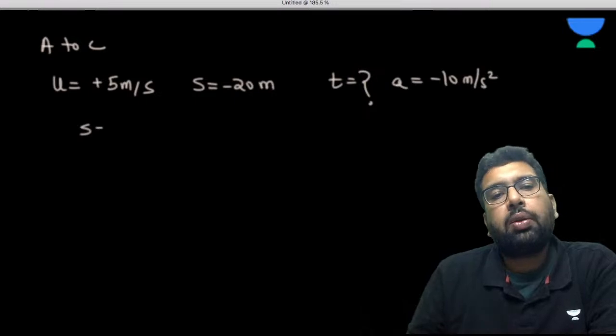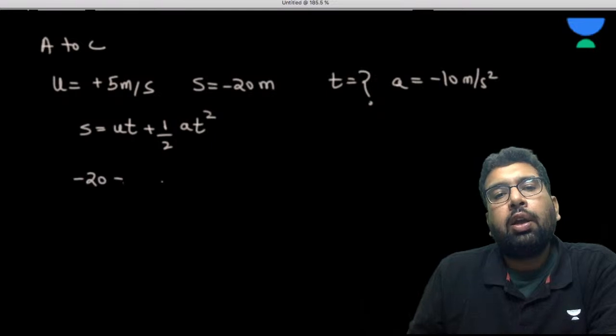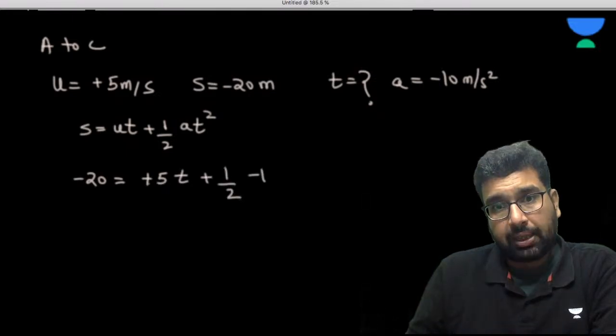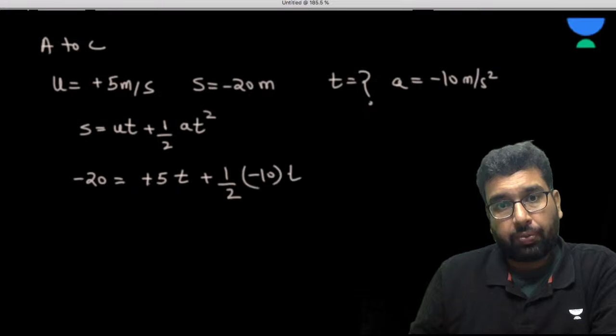S is equal to ut plus half a t square. That is minus 20, u is plus 5 of t, and this is half of minus 10 of t square. So from here we'll have a quadratic equation.